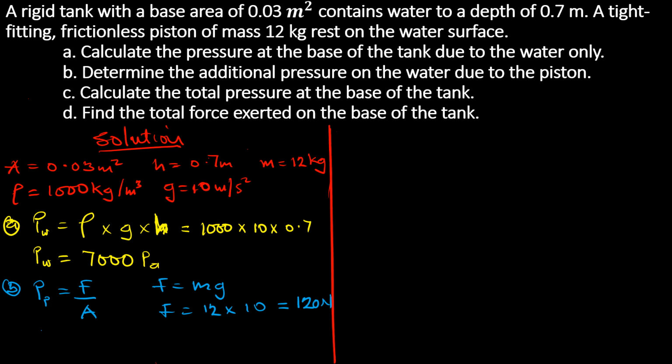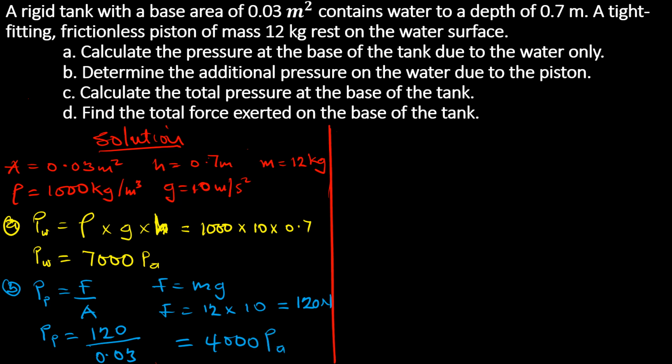So pressure of the piston will be equal to force, which is 120, divided by the area, which is 0.03. So therefore, pressure of the piston will be equal to 4000 Pascal.